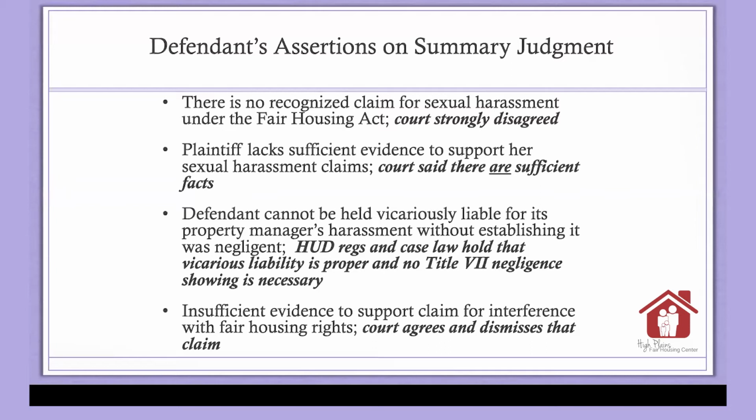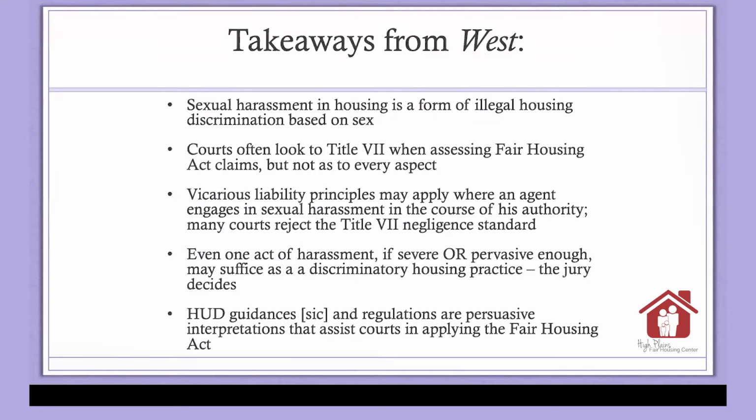Here, under the interpretation of the Housing and Urban Development Department, which is one of the 2 federal agencies entrusted with enforcement of the Fair Housing Act, and case law, vicarious liability flows to the employer of the harassing agent. So we're not looking to show that the company knew or should have known. But the defendant did win with regard to the claim for interference with fair housing rights, finding that that claim should be dismissed.